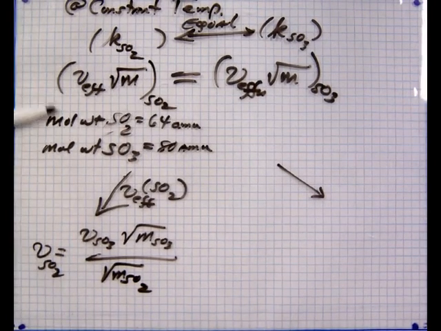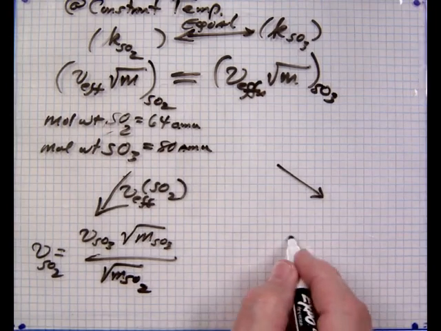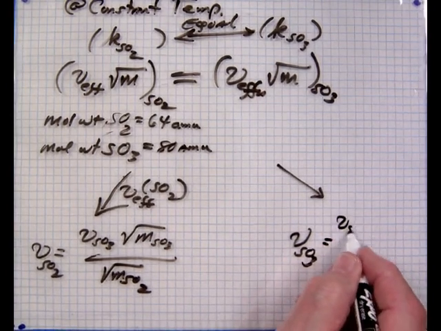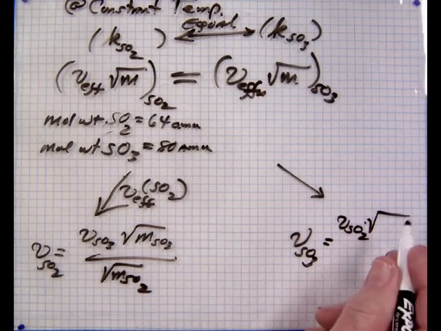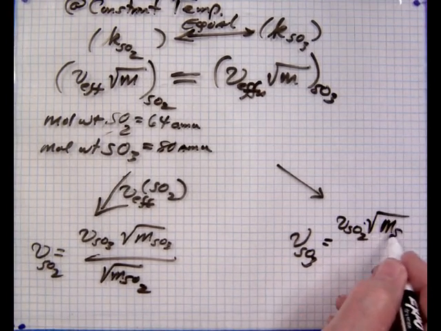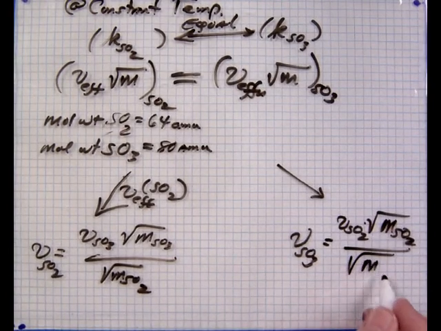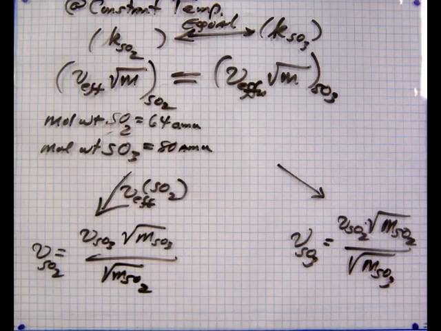It just came right out of here. Or we can set velocity of SO3 equal to velocity of SO2 times the square root of mole weight of SO2 divided by the square root of the mole weight of SO3, like that.